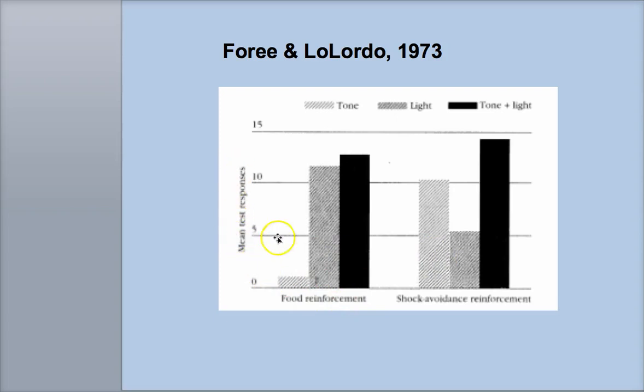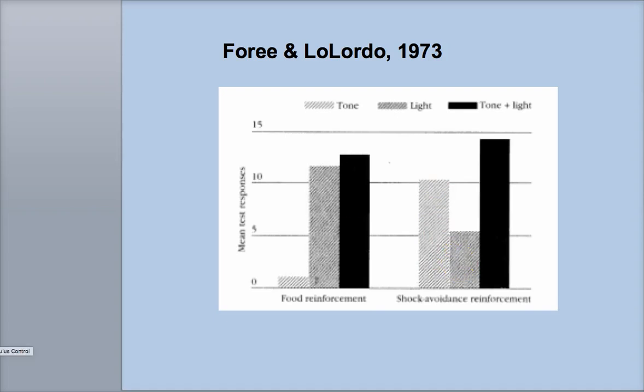The mean number of responses for the food group is very high for the light and very low, almost 0 for the tone. They respond a lot to the light and not to the tone. The shock avoidance group, on the other hand, responds a lot to the tone and less so to the light. They do respond to both, but they respond twice as much to the tone as they do to the light.